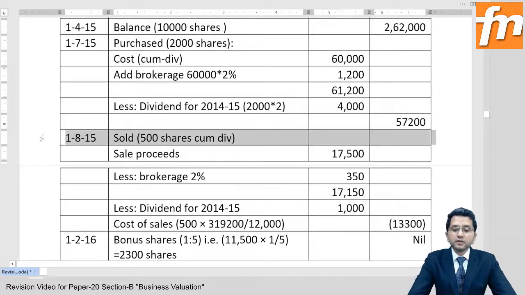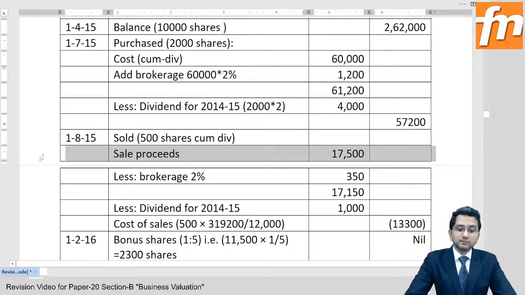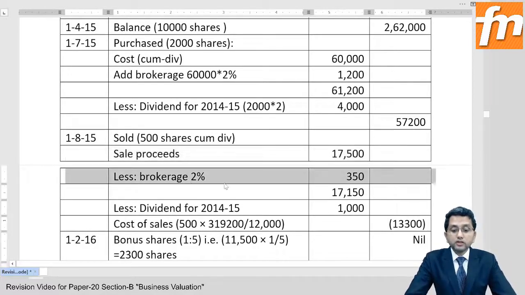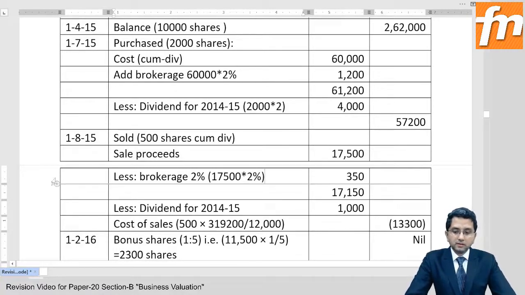Now on 1st of August, you sold 500 shares inclusive of dividend. Sale proceed given in the question is 17,500. Brokerage 2%, so 17,500 into 2%, 350.